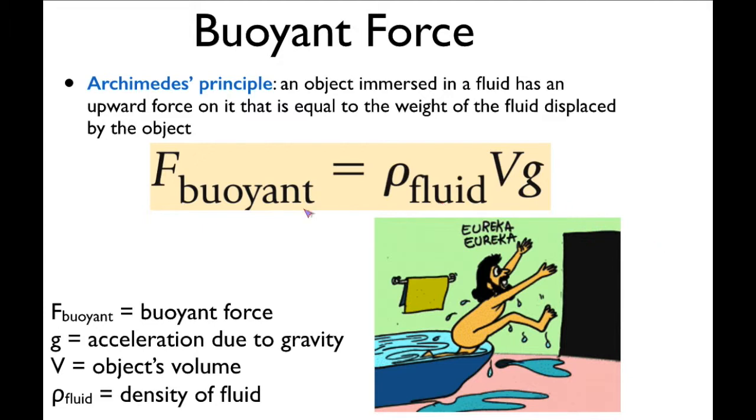But the formula for Archimedes' principle basically says that the buoyant force, again, that's going to be in newtons because forces are in newtons, is equal to the density of the fluid times the volume times G. We all know G. And that's Archimedes' principle.